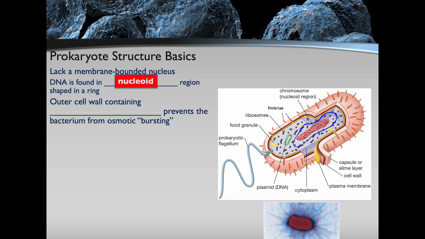Bacteria also have outer cell walls that contain a chemical called peptidoglycan, and that particular chemical will prevent the bacterium from osmotic bursting. So in other words, if water was to find a way into this bacterial cell, it would have a way of not exploding due to the incoming water. Because typically a lot of bacteria are going to find themselves in aqueous environments.